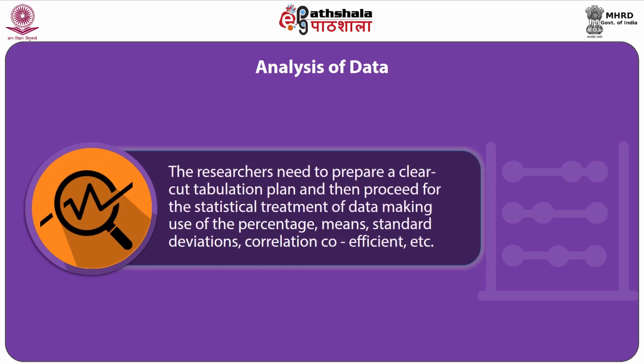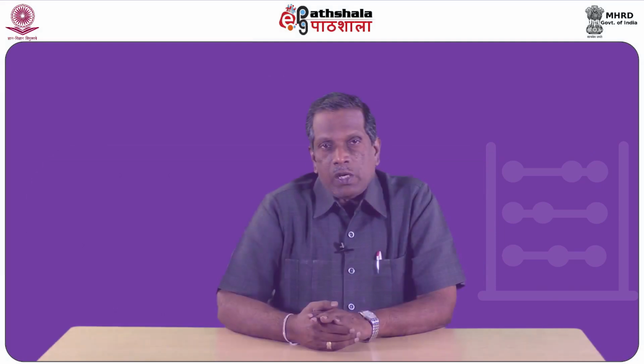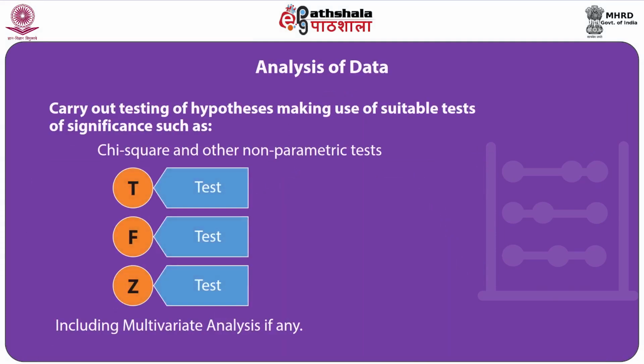The researchers need to prepare a clear-cut tabulation plan and then proceed for the statistical treatment of data, making use of percentages, means, standard deviations, correlation coefficient, etc. Attempts also should be made at this point of time to carry out testing of hypothesis, making use of suitable tests of significance such as chi-square test and other non-parametric tests, t-test, F-test, Z-test, etc., including multivariate analysis if any.